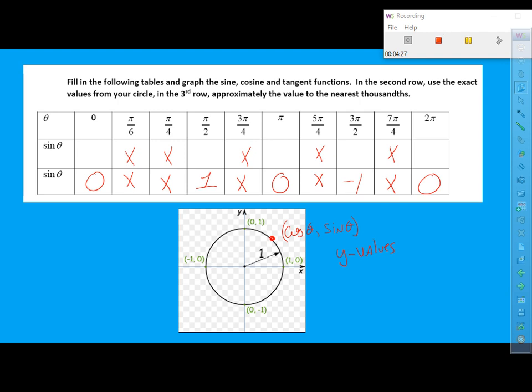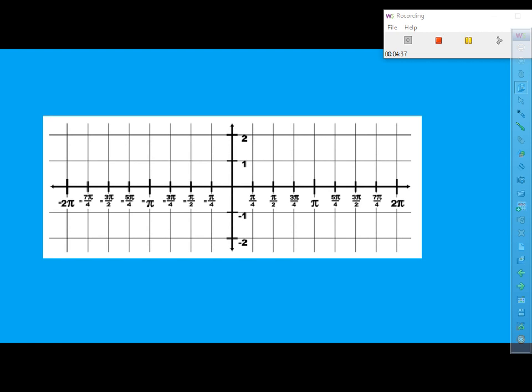Now guys, notice that as I do a loop, my values just keep getting the same. That's called a period. Now, come over to your graph, which is right below on yours. We're going to graph those key numbers. So at 0 degrees, you guys told me the y value is 0. So let's plot that, 0, 0.